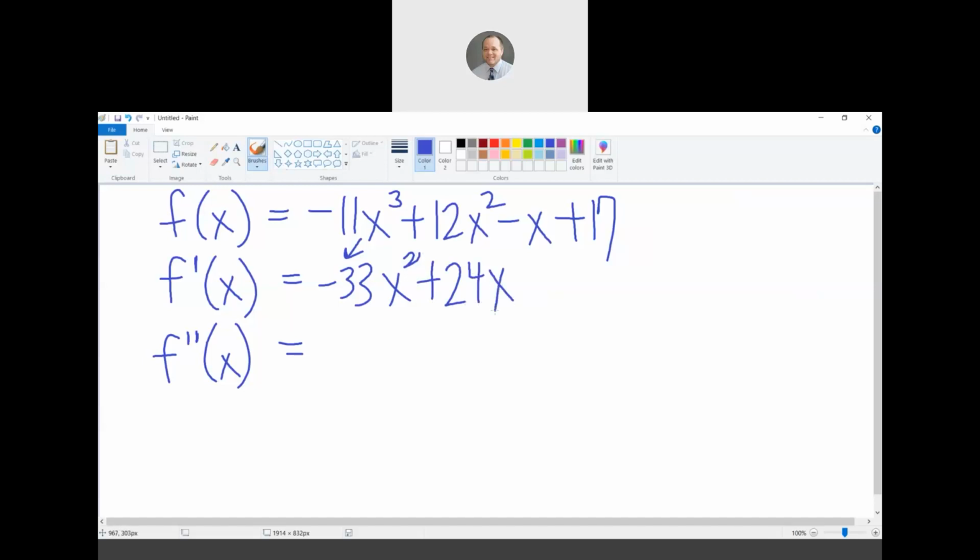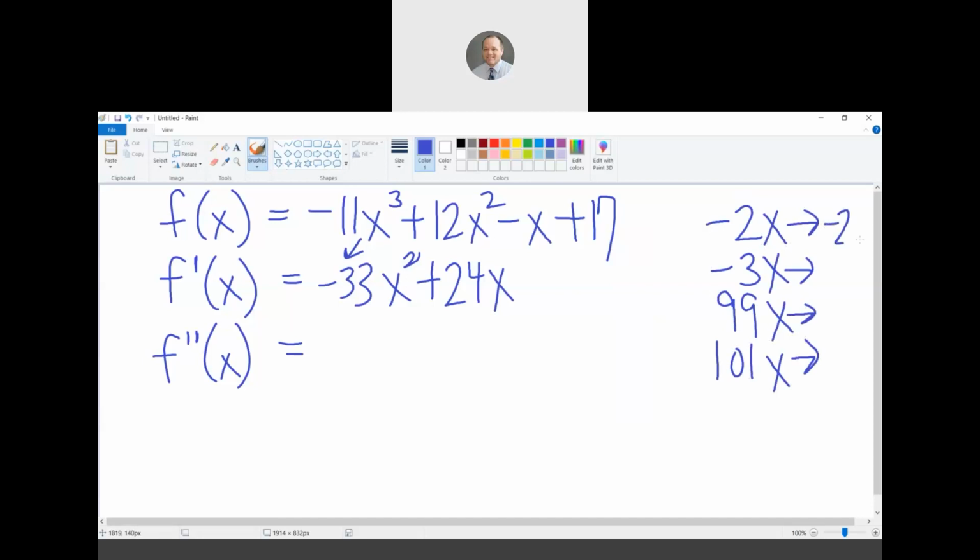And remember, the derivative of just plain x is whatever, like if you had negative 2x, negative 3x, 99x, 101x, then your first derivative is just going to be the constant in front. For this problem, that's negative 1. And the derivative of 17 is 0.